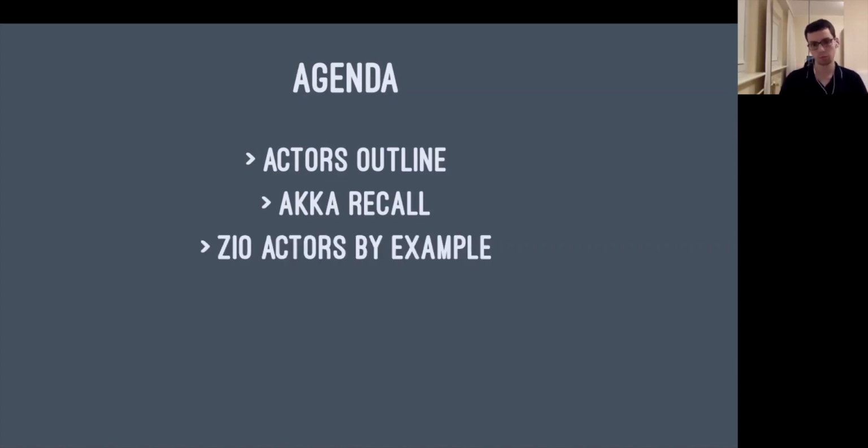And then I will move to ZIO-Actors to show you the library design together with examples. We'll try to spot similarities and differences to Akka. And then at the end, I would like to share with you problems you have to face while implementing your own actor system. So let's start.